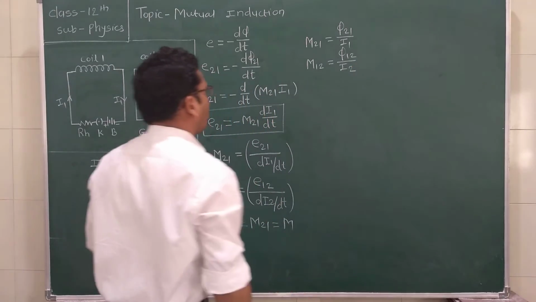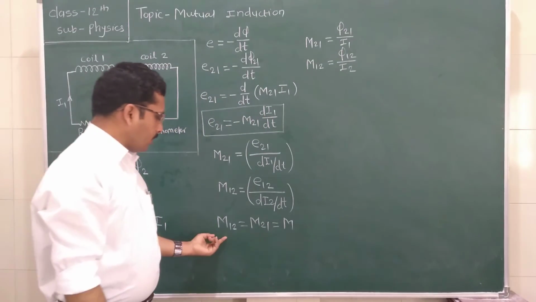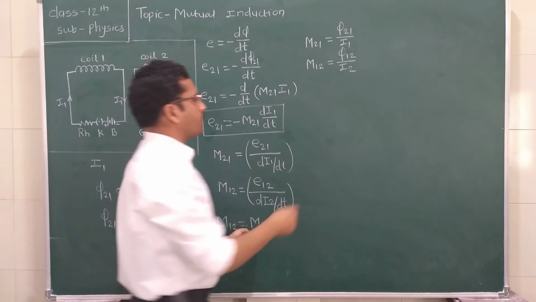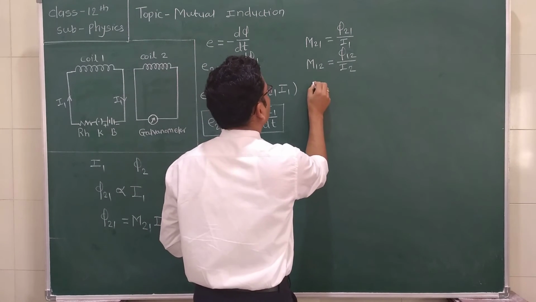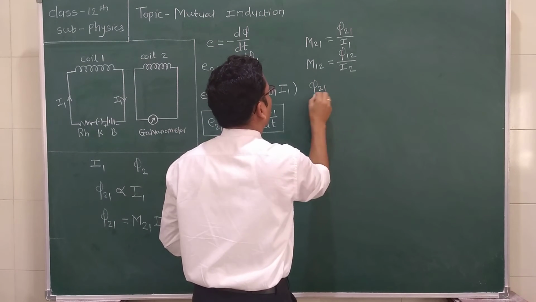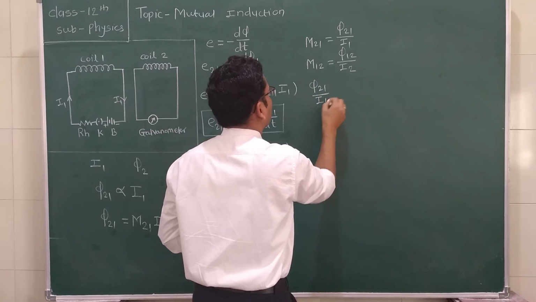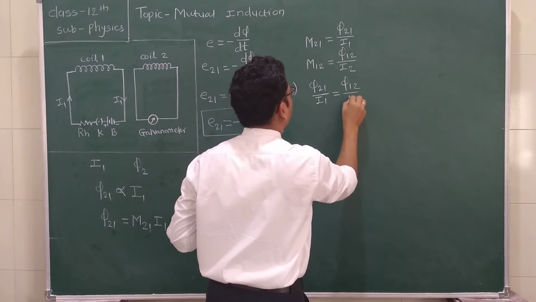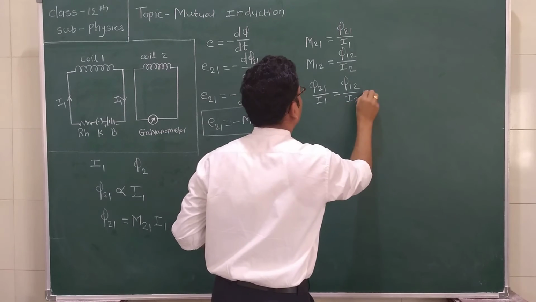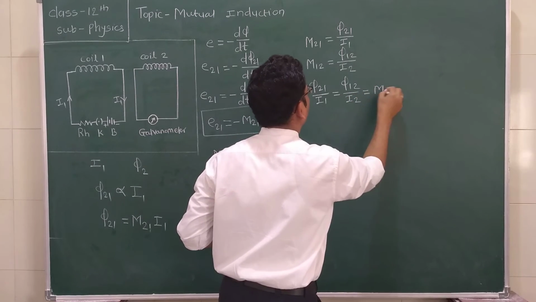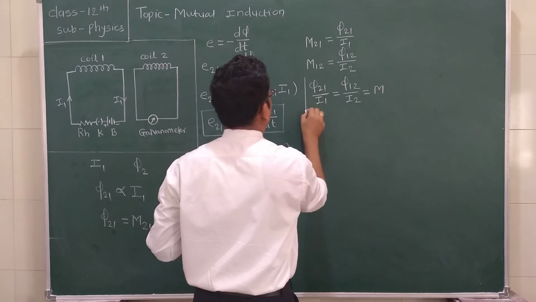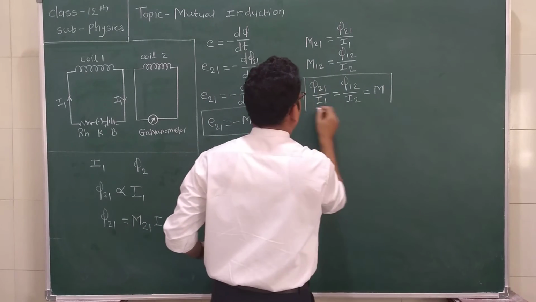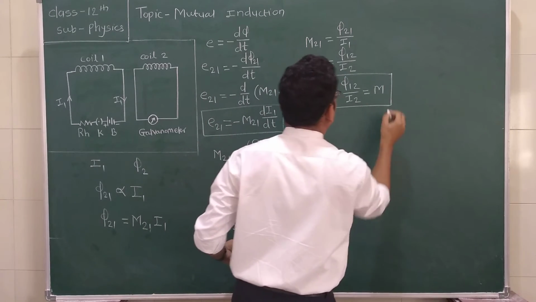But we know that M12 is equal to M21, so we can write phi 21 upon I1 is equal to phi 12 divided by I2, which is nothing but a constant, equal to the mutual induction M.